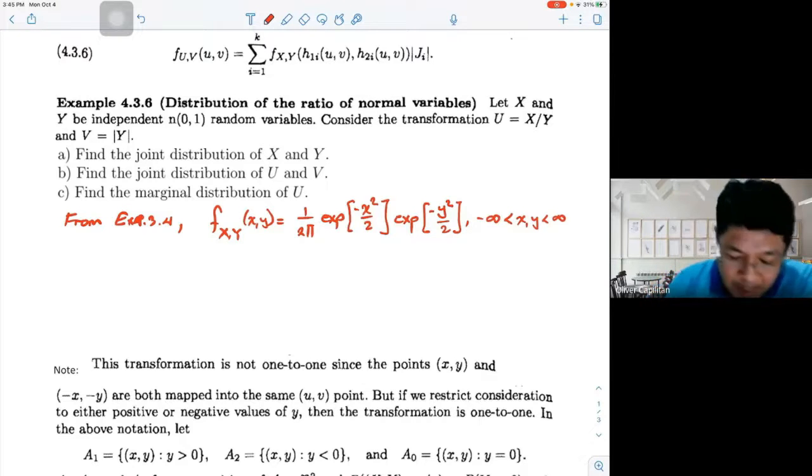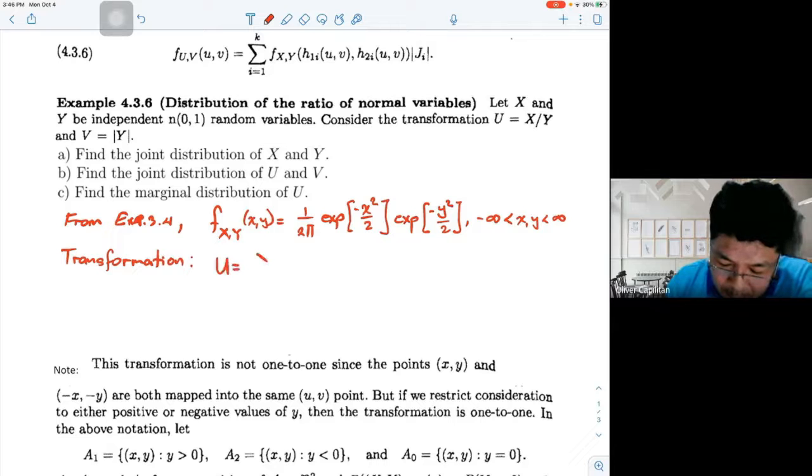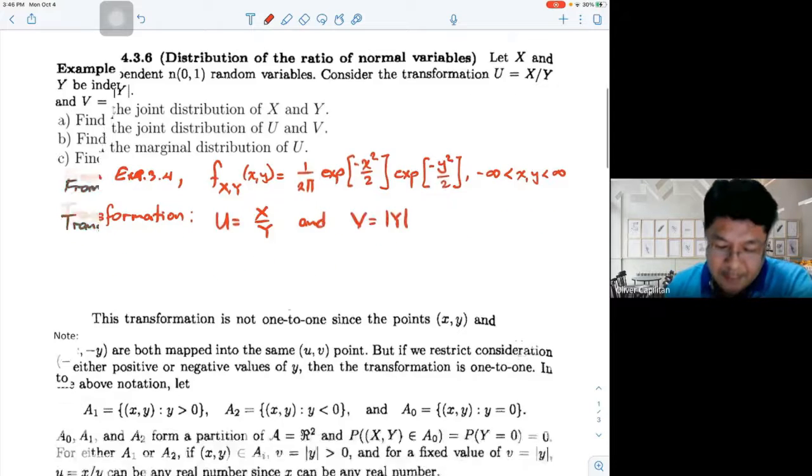What is our transformation? We have the random variable u equal to x over y, and v equal to the absolute value of y.